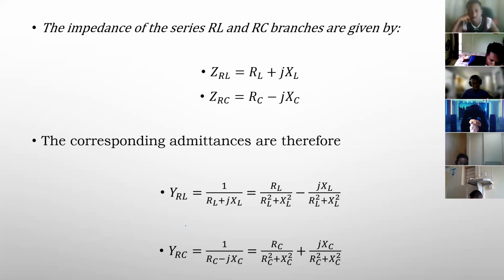All right. So again, as we did just now, we want to get the expressions in the form A plus JB. So I'm simply going to add YRL to YRC. And then we group imaginary and real.